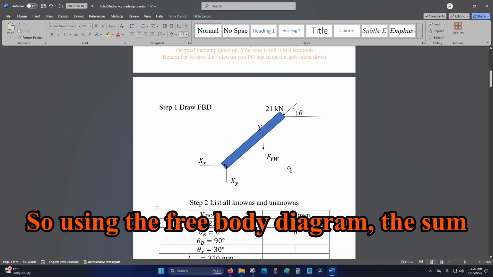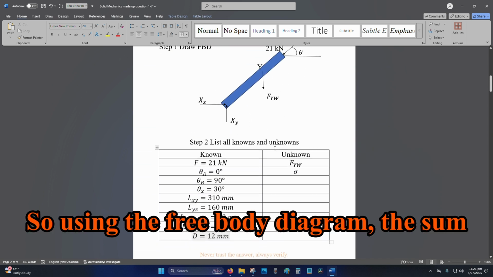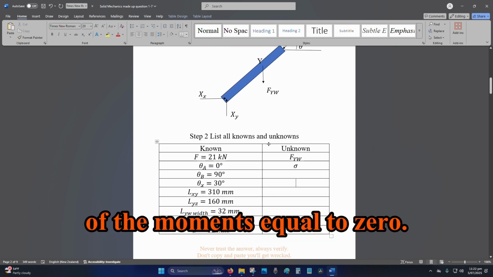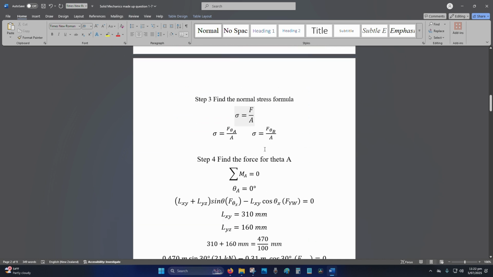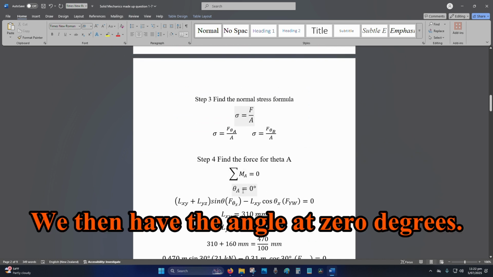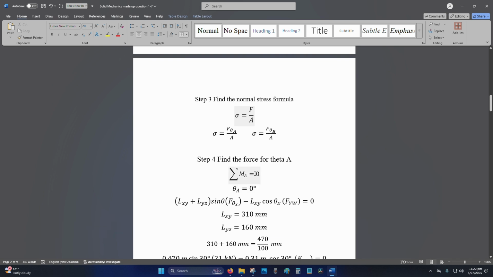So using the free body diagram, the sum of the moments equal to 0. That's our assumption. We then have the angle at 0 degrees.